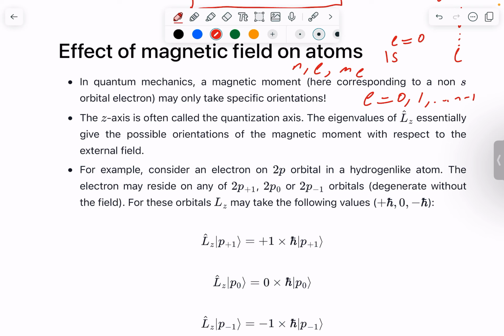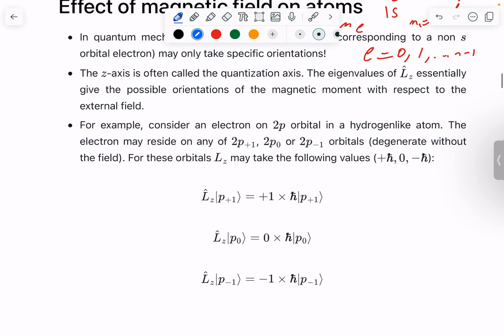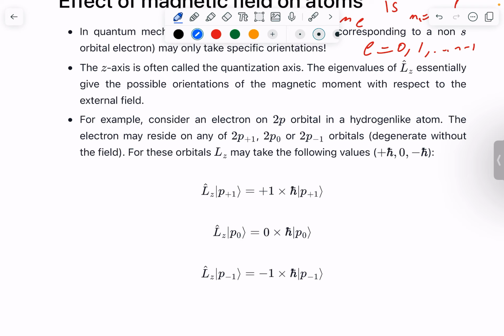Because L is 0, mL is 0, and if you look at this equation, you just plug in h bar times mL, which gives zero interaction energy and zero magnetism. This is a nice prediction. So we can tell for sure that you need to be in an orbital such as 2p or 3d, orbitals characterized by L not equal to 0. This is crucial.